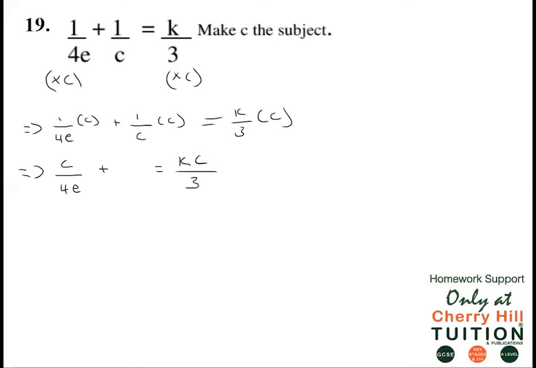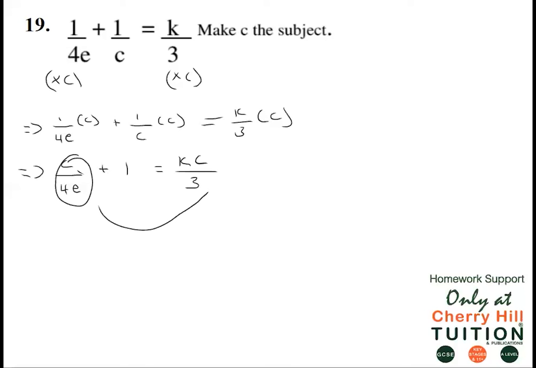So we can change this into a 1. Okay? Now, the next step is to make sure that everything that contains the letter that we are making the subject, it all needs to be on one side of the equation. So what we can do is take this onto the right-hand side.